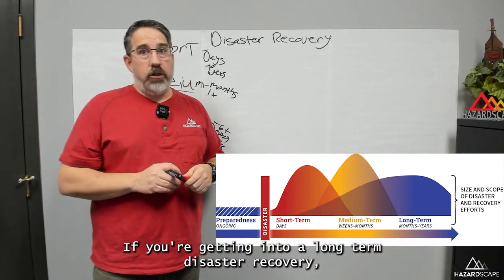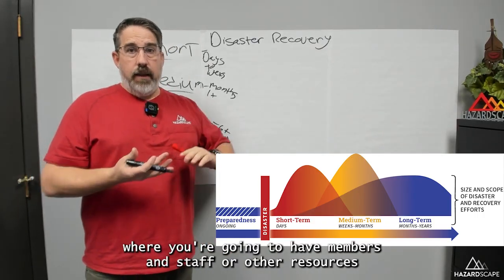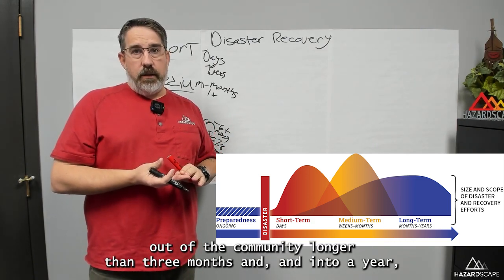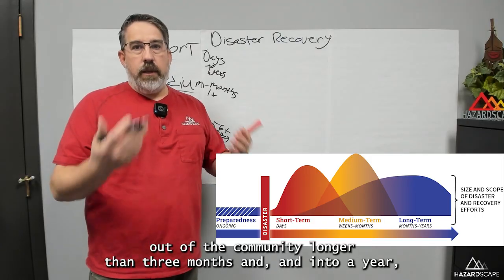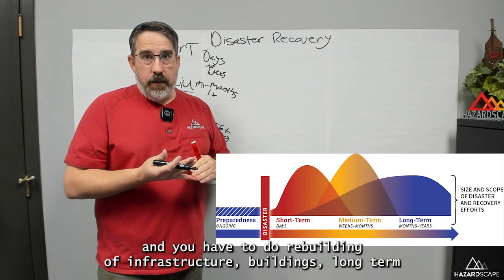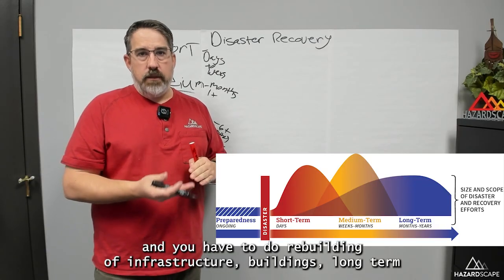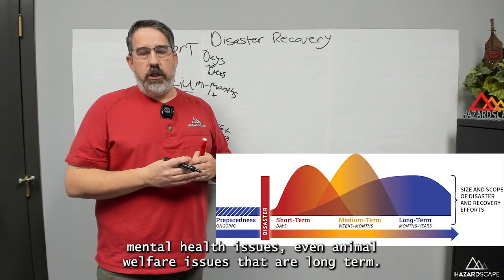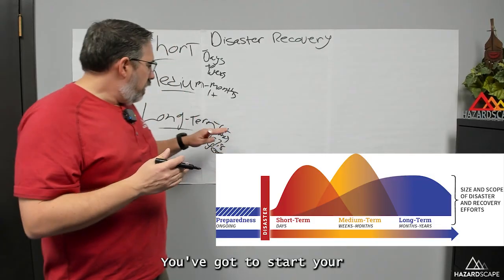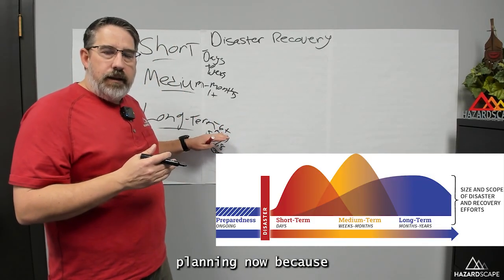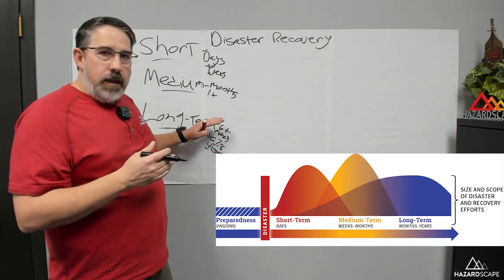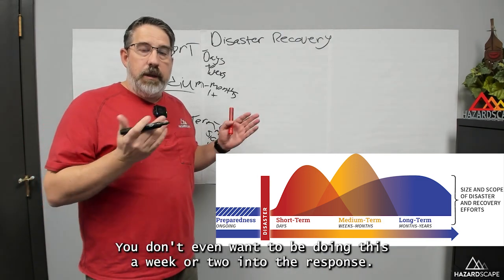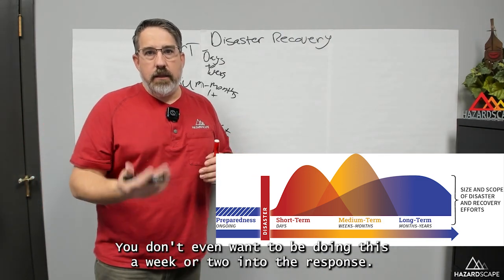If you're getting into a long-term disaster recovery where you're going to have members and staff or other resources out of the community longer than 3 months and into a year, and you have to do rebuilding of infrastructure, buildings, long-term mental health issues, even animal welfare issues that are long-term, you've got to start your planning now, because you do not want to be doing this during the response. You don't even want to be doing this a week or 2 into the response.